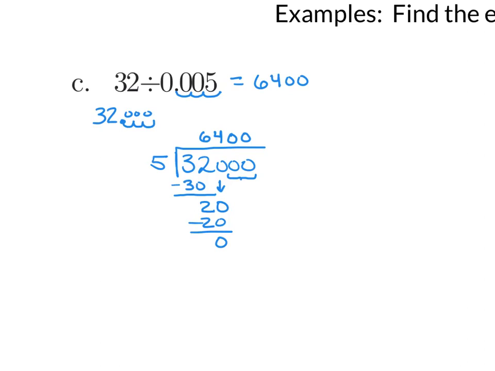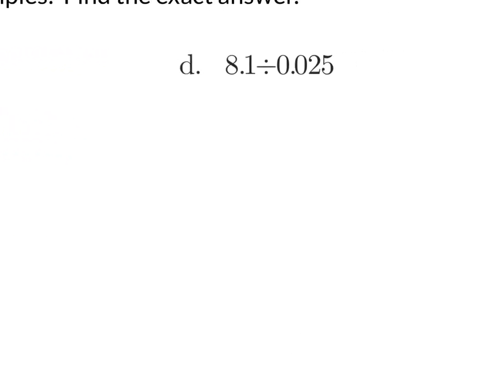All right, let's try one more like this. Let's come over to D. We have 8.1 divided by 0.025. I'm going to put in some space here so that we have room to move a decimal point. So how many decimal places do we need to move our decimal point?